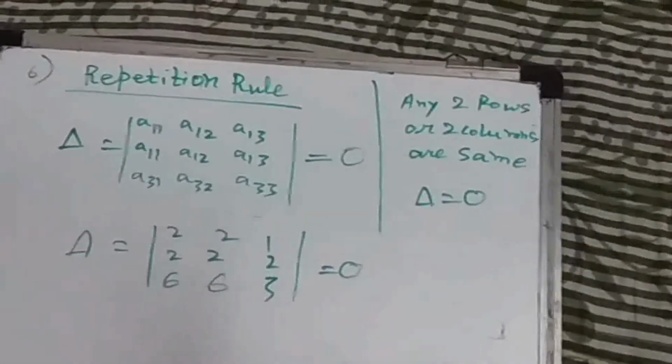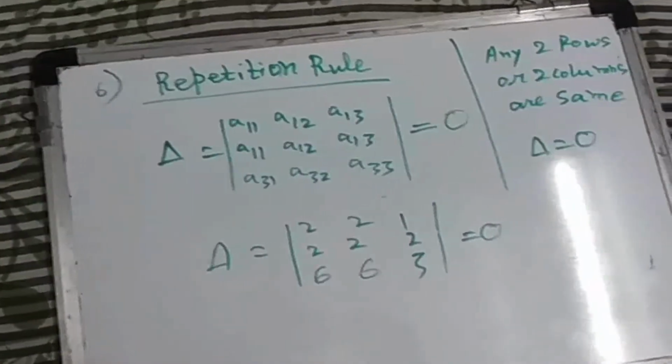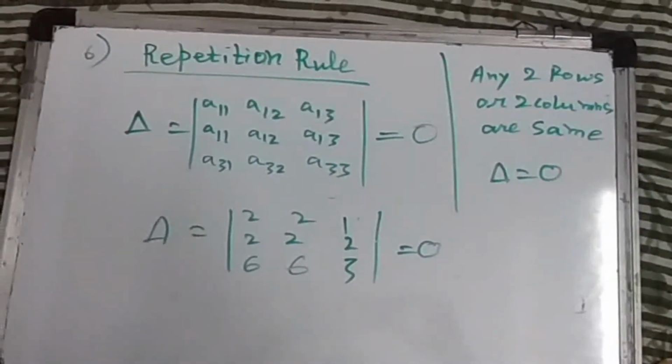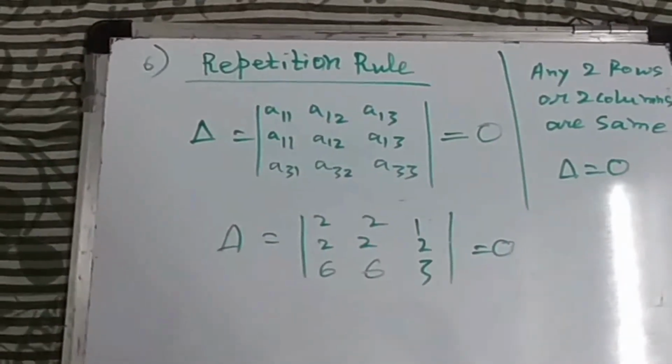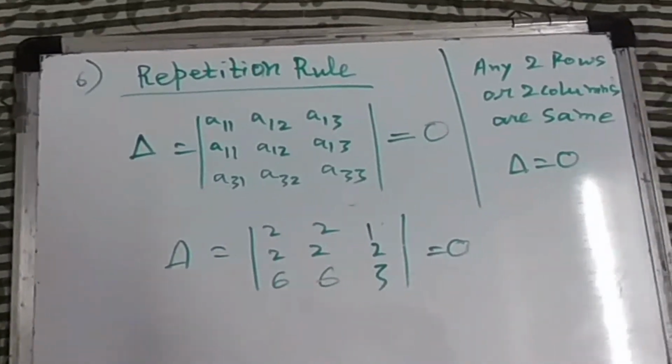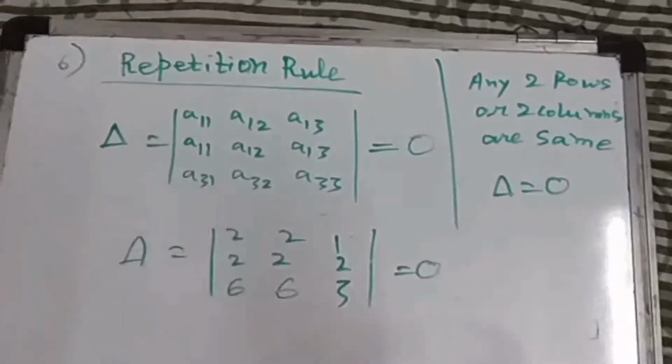Now the next one, the 7th property, is the scalar multiple property. Number 7, scalar multiple.